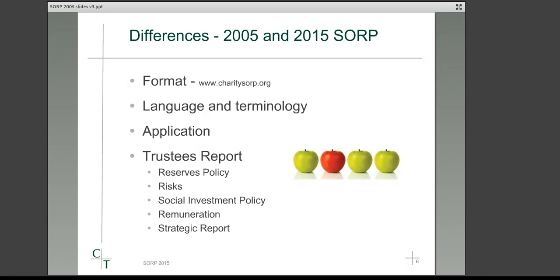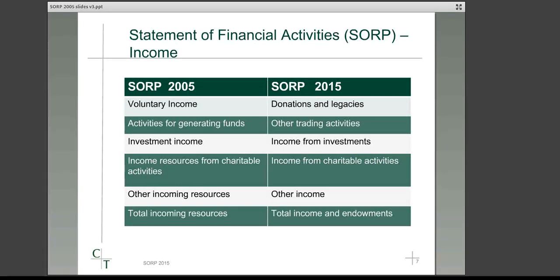We'll start off by looking then at the figures in the accounts, the changes. We'll start off by looking at the income and expenditure in the Statement of Financial Activities. On the left-hand side, we have the previous headings under the old SORP, and on the right-hand side, we have the headings under the new SORP. And generally, these are much the same. We have the same number of headings, and they generally mean the same thing.